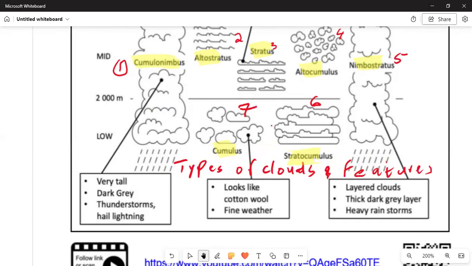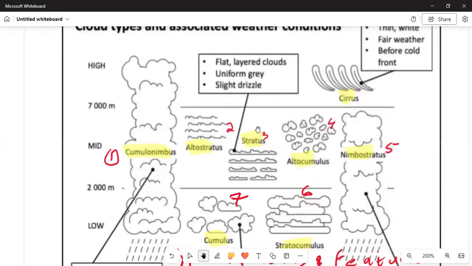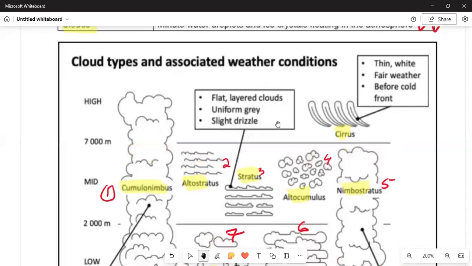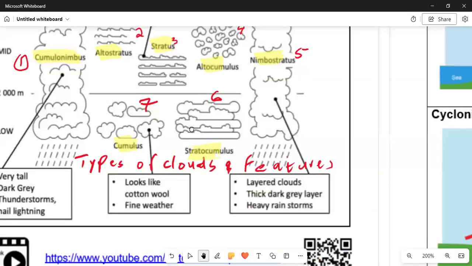Number 1, we are having this cloud, and then we are saying that thunderstorms are happening, and then we've got the cumulus clouds there. Then the nimbostratus cloud, a thick dark gray layer. Then in the middle, stratus cloud, and then we've got the cirrus cloud, white, fair weather. These are the different types of clouds.